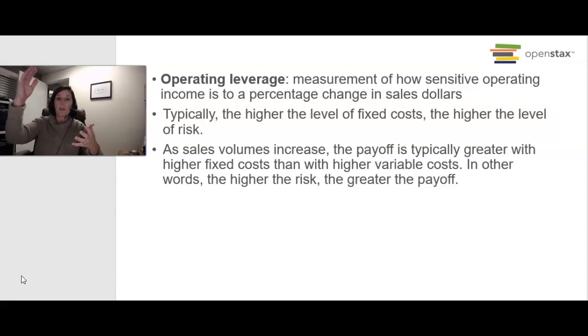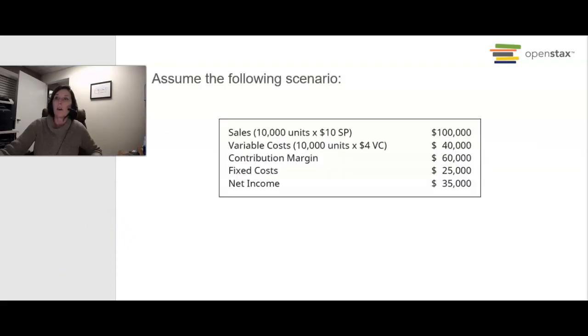So the more products you sell, that fixed cost isn't going to get bigger. And so at higher sales volumes, you're obviously going to have much larger profitability. On the other hand, if your fixed costs only represent a small portion and the bulk is your variable costs, then high sales means your variable costs are going to go up precipitously with your sales volume. And so that is the concept of operating leverage.